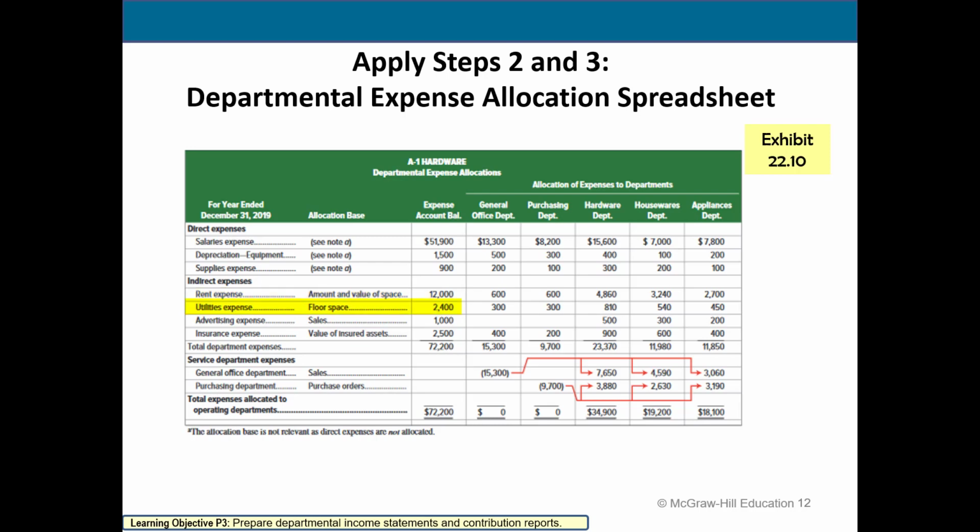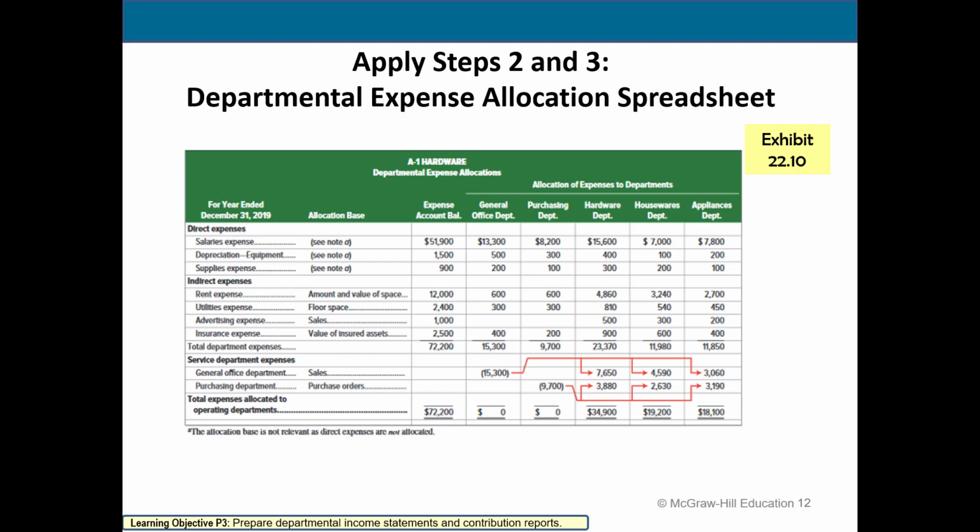Utilities expense is allocated based on floor space, square footage. Advertising expense is allocated based on dollars of sales. You can see that no amount of advertising expense is allocated to the service departments, general office and purchasing, because they do not have any sales. And finally, the insurance expense is allocated based on the value of the assets insured.